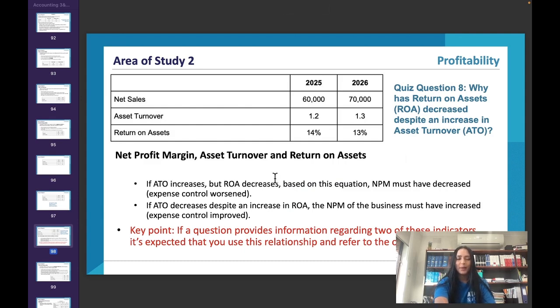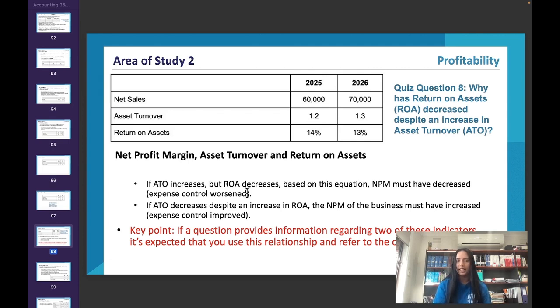Basically, if asset turnover increases but return on assets decreases, this means that net profit margin must have decreased, which means that expense control has worsened. So if we see an increase in asset turnover but a decrease in return on assets, the business has gotten worse at controlling its expenses, and because of that, net profit margin must have also decreased.